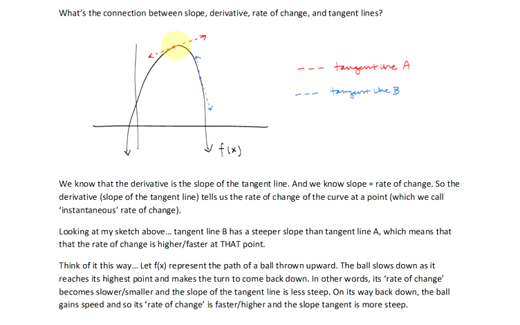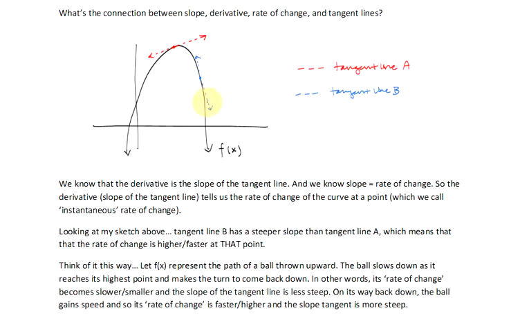Because as the ball reaches the highest point and then falls back down to the earth, its speed picks up. So at this point, the ball is coming back down to earth, its speed is higher, and the slope of the tangent line is steeper.